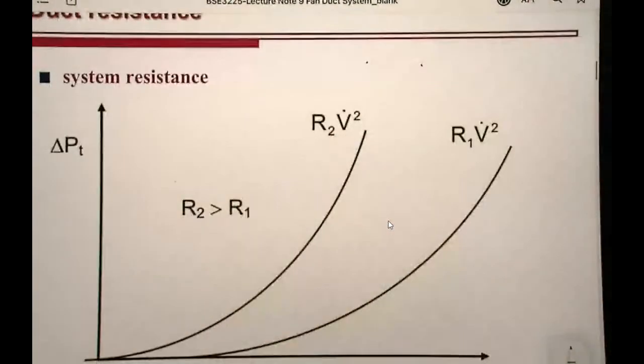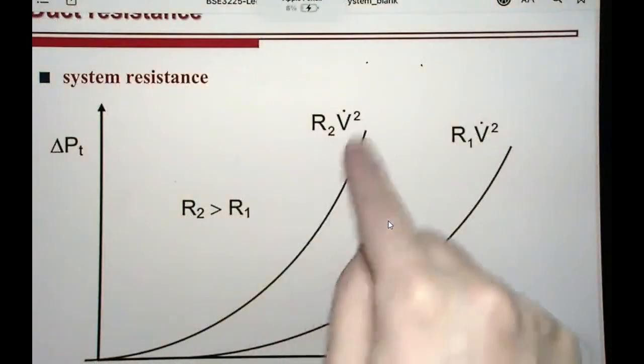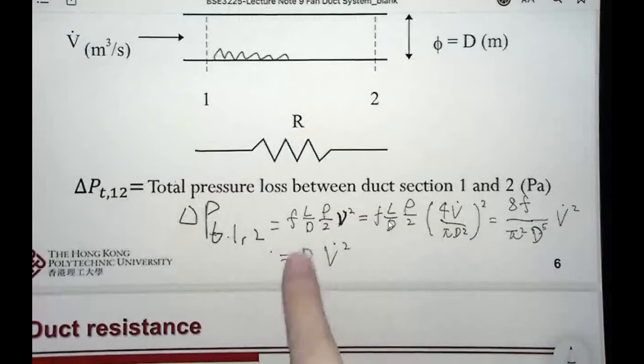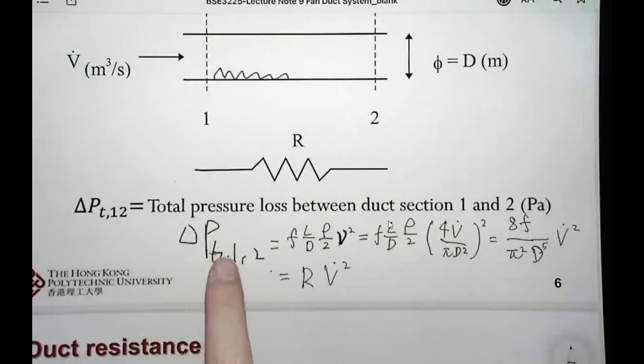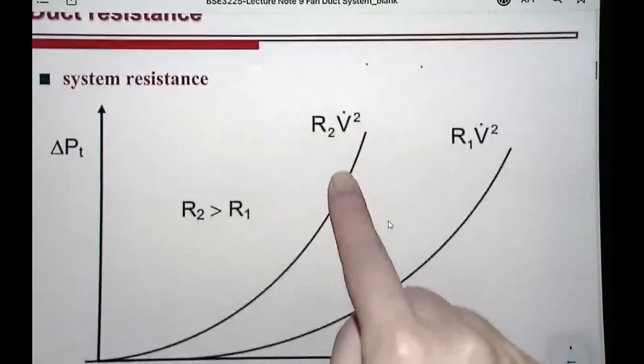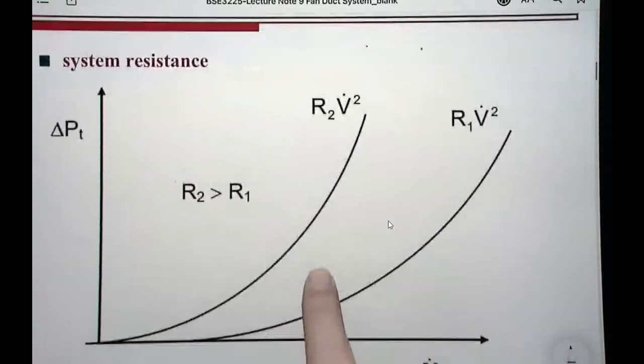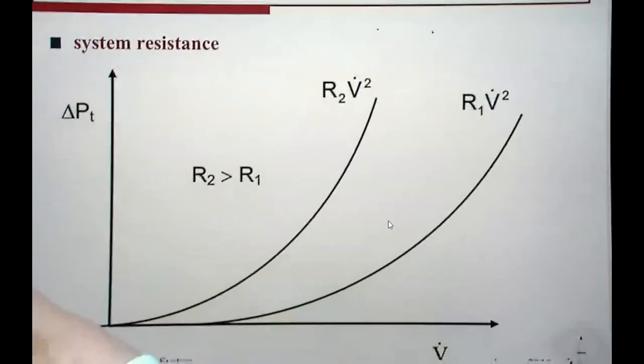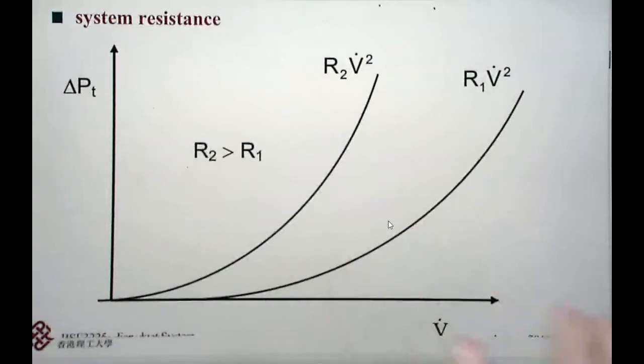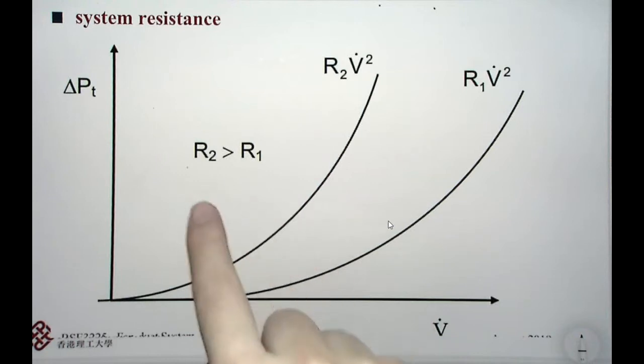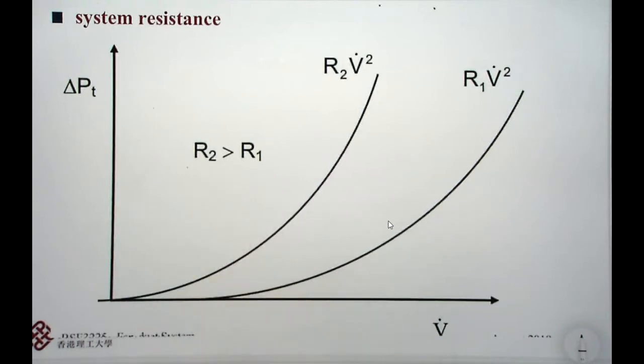For the system resistance, when we tackled the last slide, we know that the total pressure loss is positively related to the duct resistance and positively related to the square of the flow rate. So what we can do is plot the relation between this total pressure loss and the airflow rate. The duct resistance is a fixed value for each duct section.